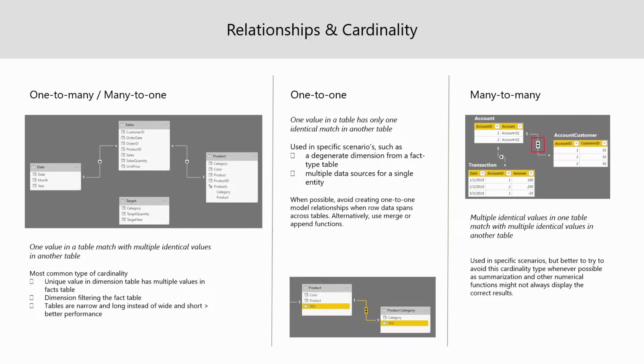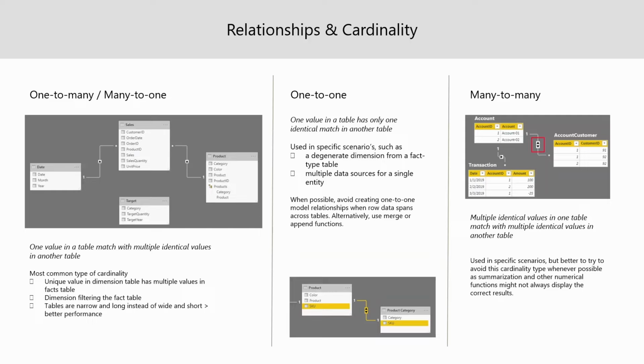Now, best practice is also to keep our tables narrow and long instead of wide and short. So better to have few columns and a lot of rows instead of a lot of columns and a small number of rows. This is better for our performance and other reasons.